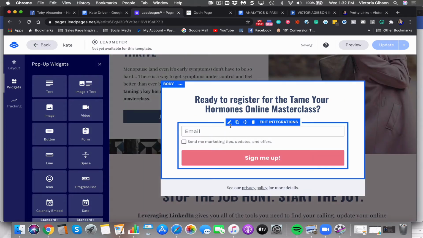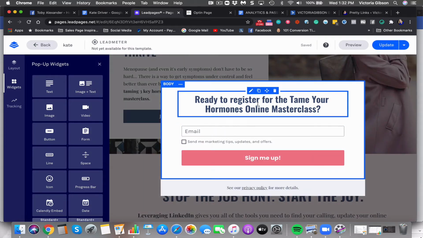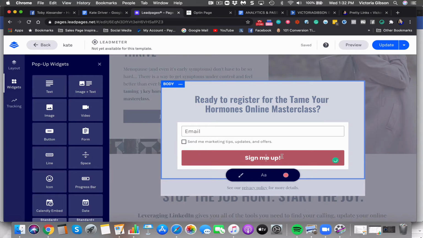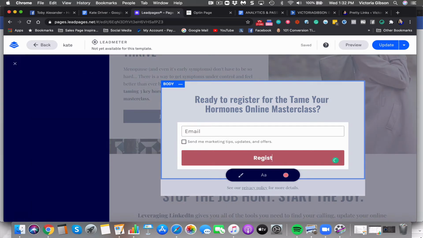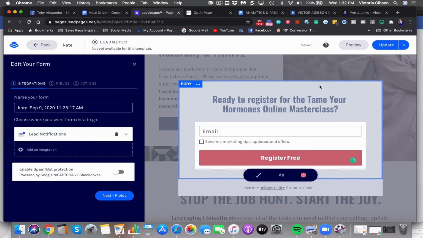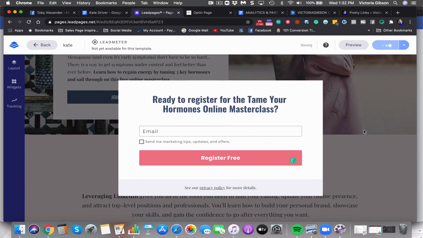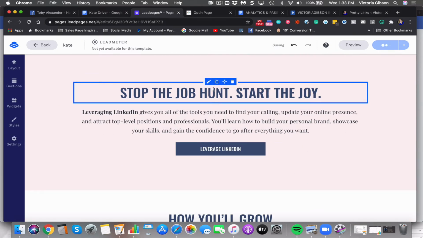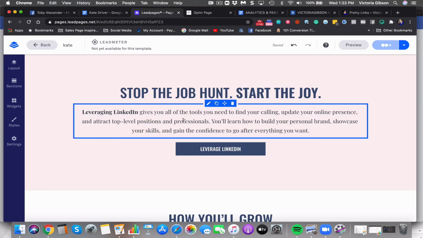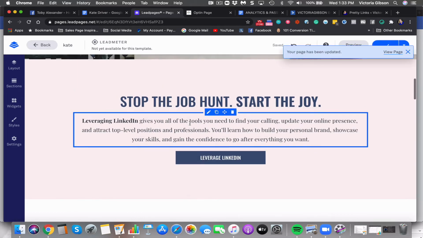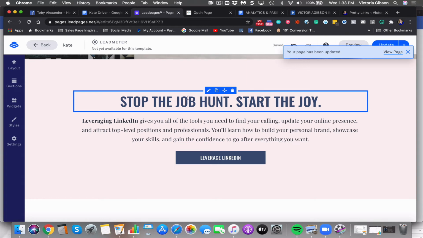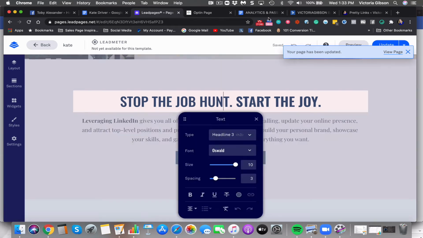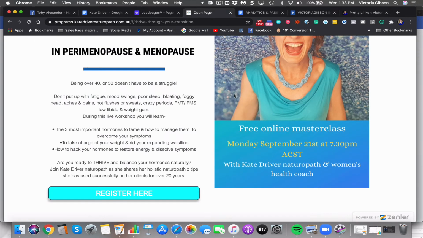Then I'd probably add a name and an email there as well, and "Register free." And then we might want another piece of text to really push things through, or we can leave that off. I'm just making this up as we go.